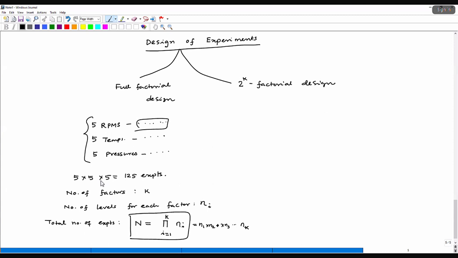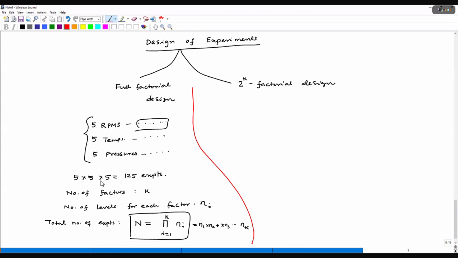So typically this approach is not preferred because you don't want to spend effort on each of the levels for each of these parameters to really understand the system.